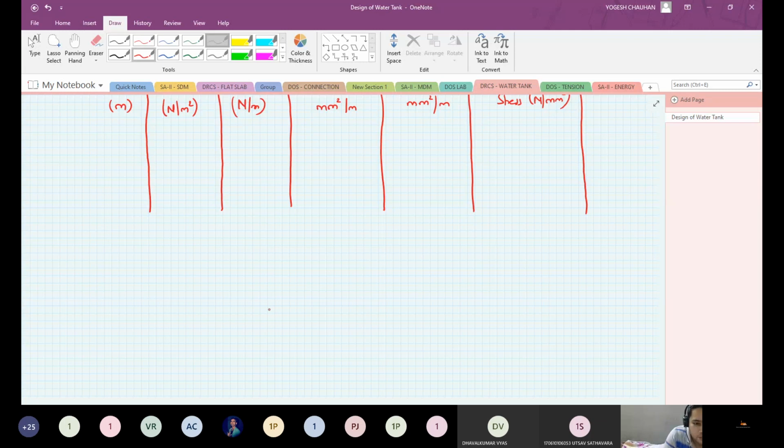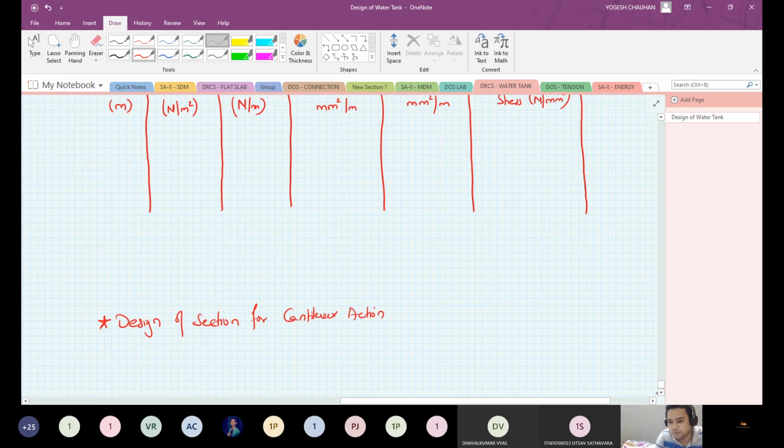So now design the section for cantilever action. So now we will be designing for bending.